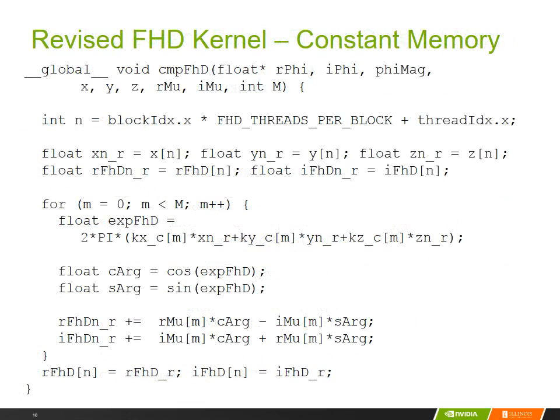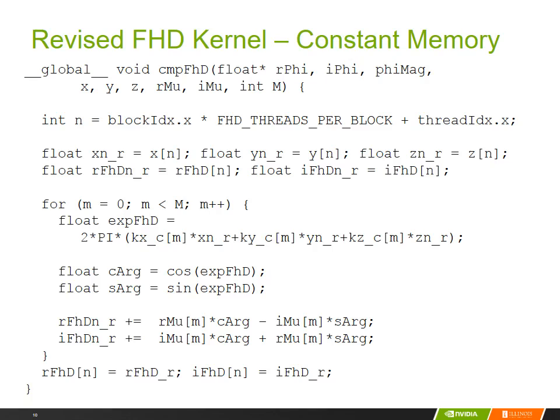With the use of constant memory, we no longer need to pass the k-space data into the kernel as arguments. They can be accessed as global arrays, the global variables in C. Therefore, we no longer see these k-space samples in the argument list of the kernel.